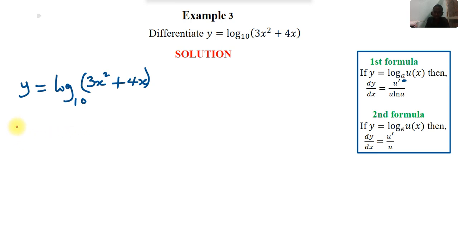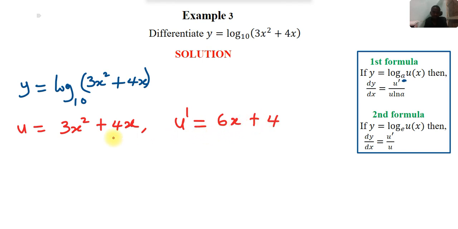So in this case, if you look at it very well, we have our u to be 3x squared plus 4x. So in that case, we will take the derivative of u with respect to x, and we are going to have 6x plus 4. 6x because your 2 will come down this way to meet 3.